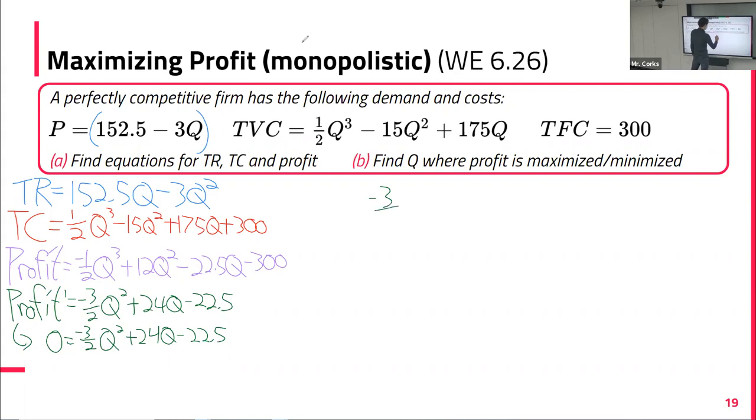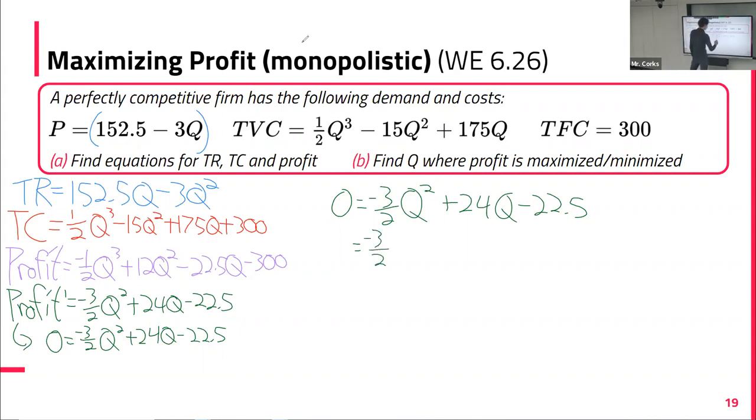So we have this thing, and we want to try to solve for q. 24q minus 22.5. And here as well, it looks like we could factor out this coefficient in the front.